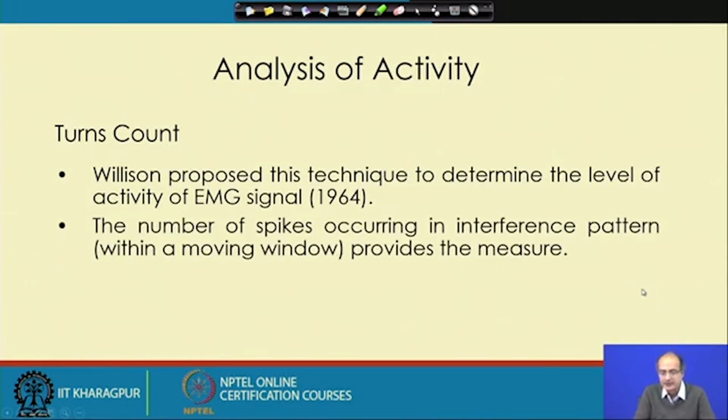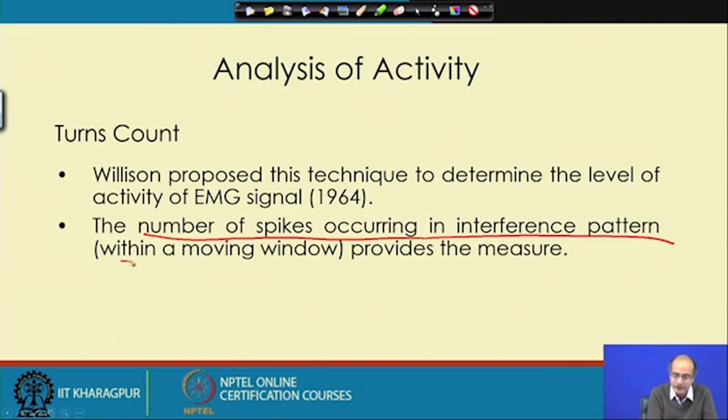What it is trying to get is finding out the number of spikes occurring in the interference pattern. Okay. So, that is the motivation, and again that is counted within a moving window, to give us a measure of how many turns have occurred and how they are changing over time.